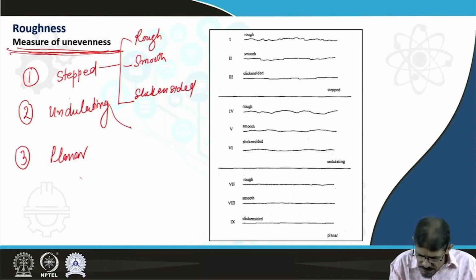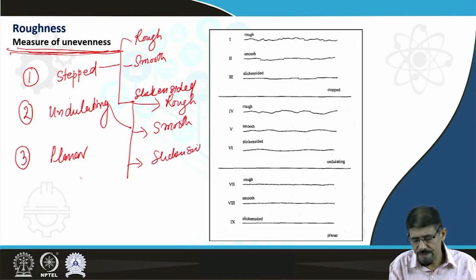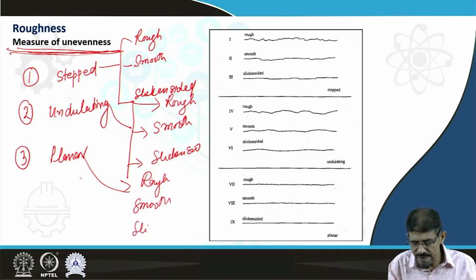The same thing we are going to repeat here: rough, smooth, and slickensided. Then the same here: rough, smooth, and slickensided.